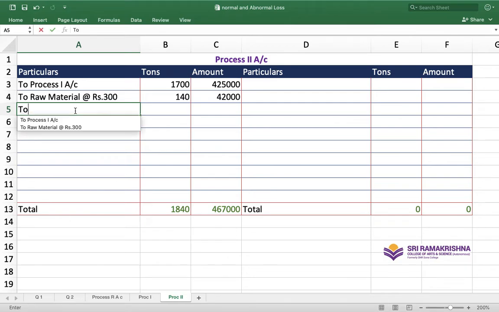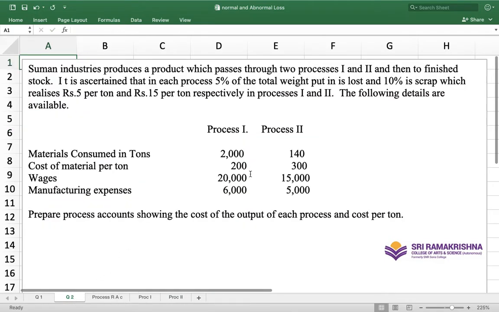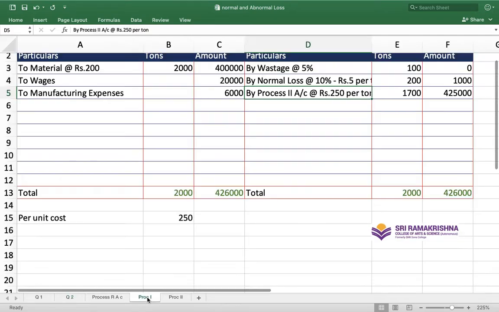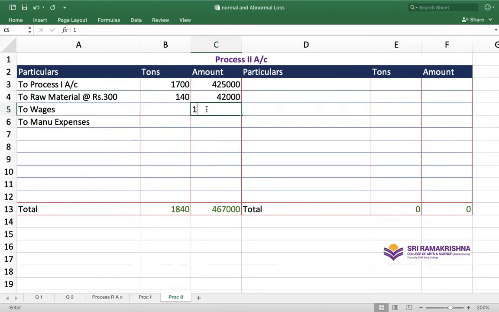Other than that, we had wages and manufacturing expenses. Wages 15,000 and manufacturing expenses 5,000. Total cost comes to 4,87,000.